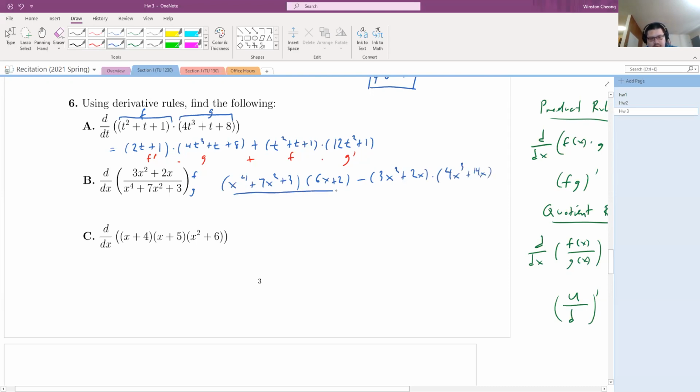And this is all over g squared. So I have to square that polynomial. Okay, so I take this guy, I square it. Okay, and so compare that with the formula. The formula says, well, what I did here was I need a bit more space. Let me lasso this.